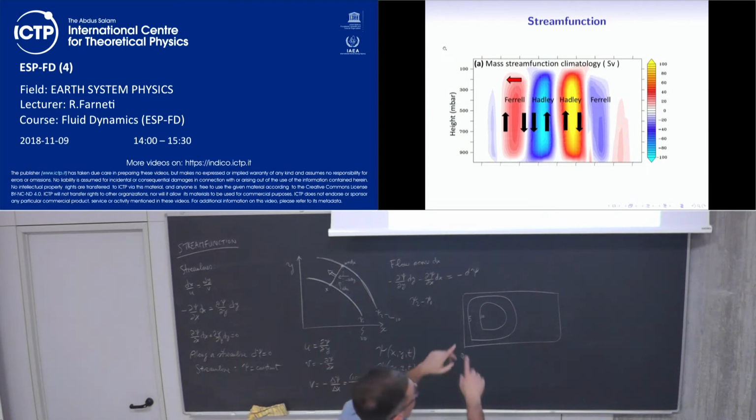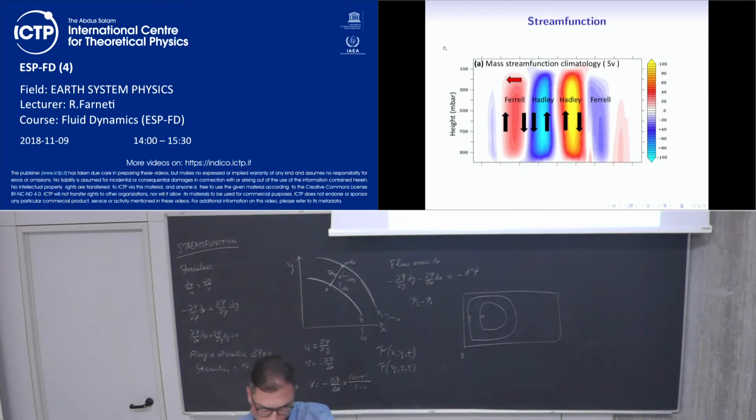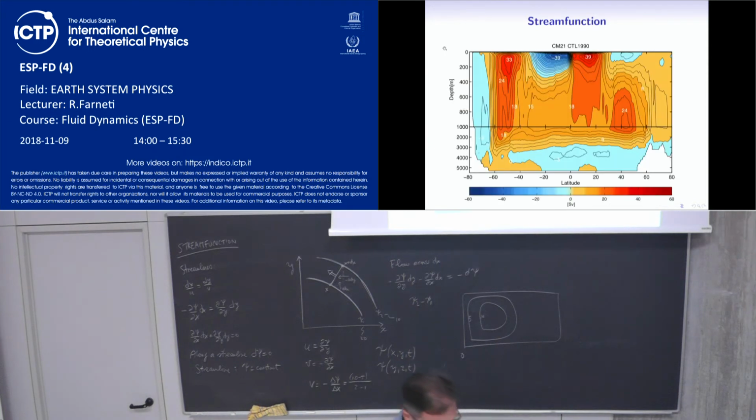It's meridional because it depends on the latitude, and it's overturning because warming and cooling is overturning the atmosphere upside down. So you have a meridional overturning circulation in the atmosphere, and you also have one in the ocean. You do exactly the same thing.